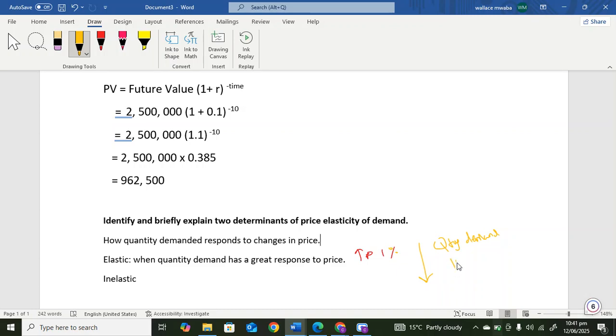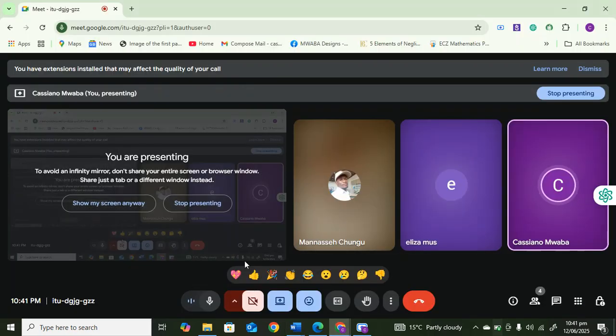Whenever the percent change for quantity demanded is greater than the percent change for price, demand is elastic. Have we got that? Can we write that down? Whenever the percent change for quantity demanded is greater than the percent change for price, demand is elastic.